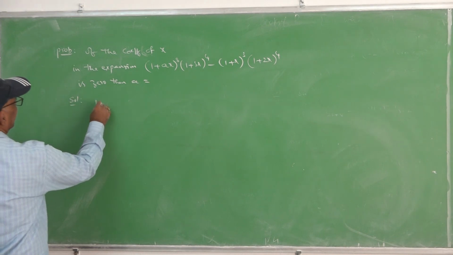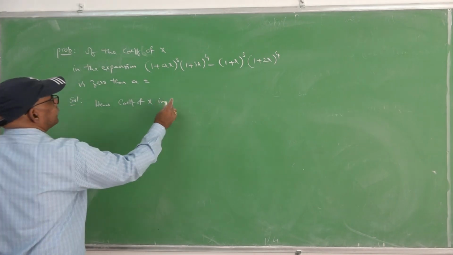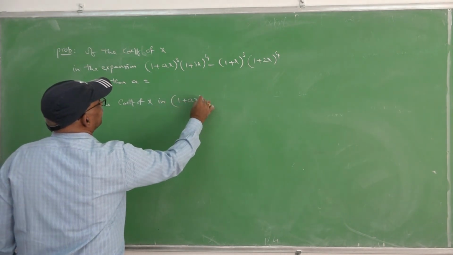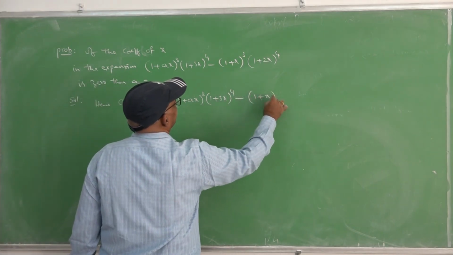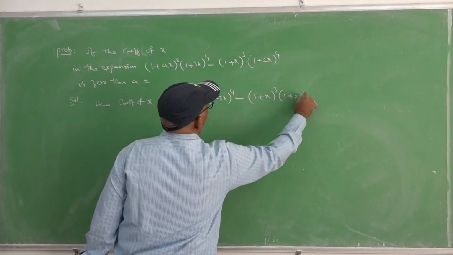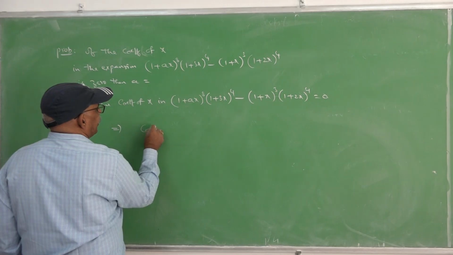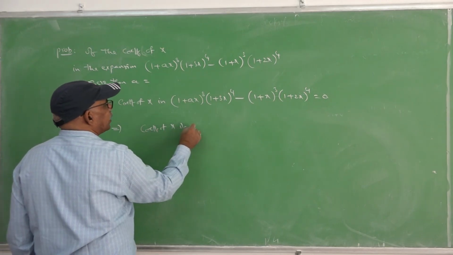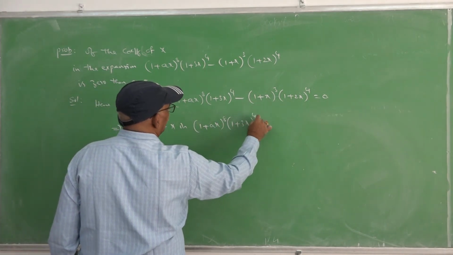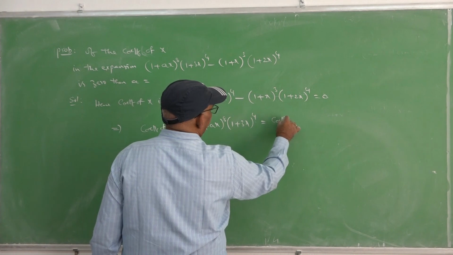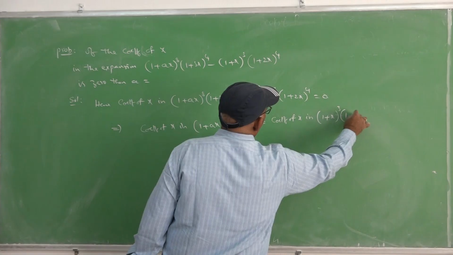So here, the coefficient of x in (1+ax)^8 (1+3x)^4 minus (1+x)^3 (1+2x)^4 equal to 0 implies the coefficient of x in the product (1+ax)^8 (1+3x)^4 equals the coefficient of x in (1+x)^3 (1+2x)^4.